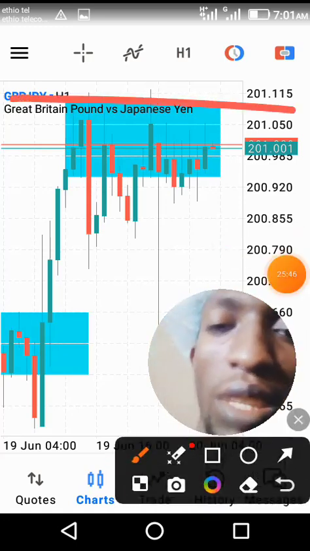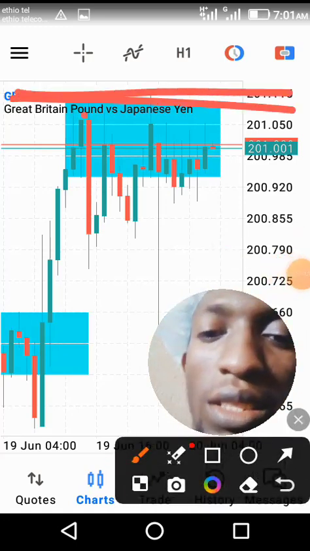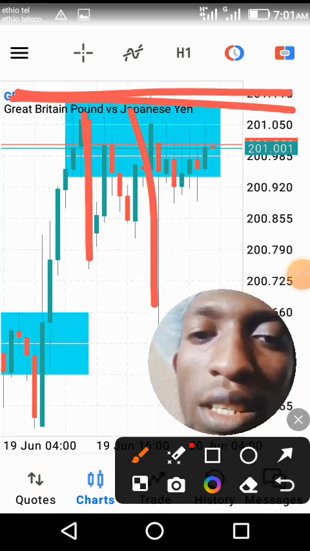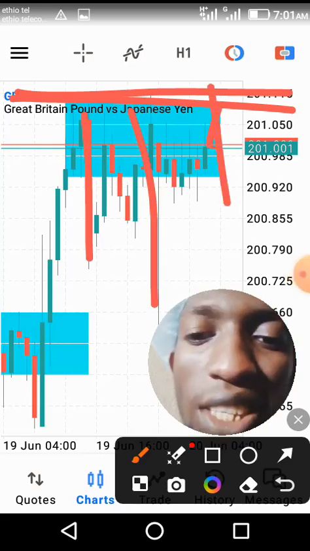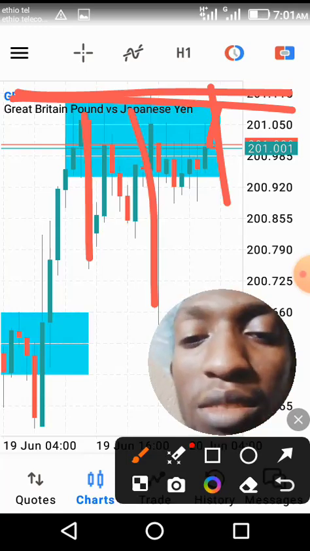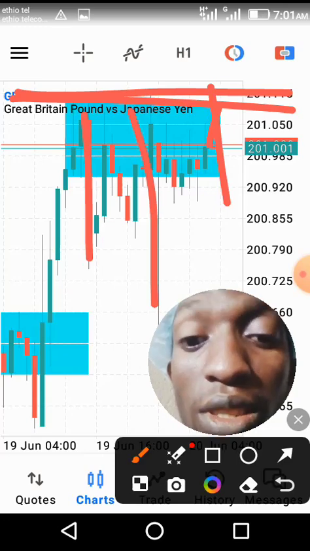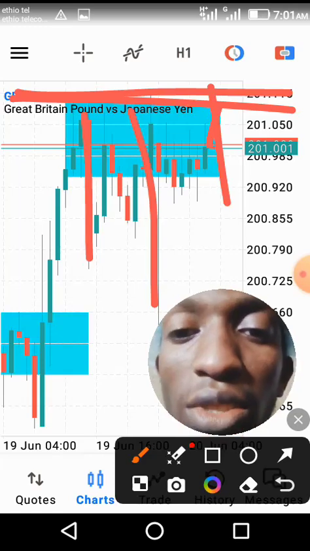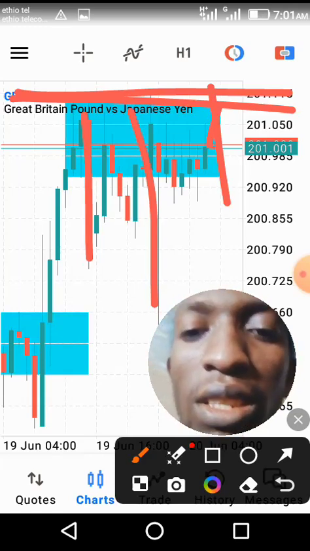Maybe the supply and demand zone might trade this sell, but the other strategies like smart money or something else, I'm telling you, you will not enter this trade. The black box can enter and obliterate everything.